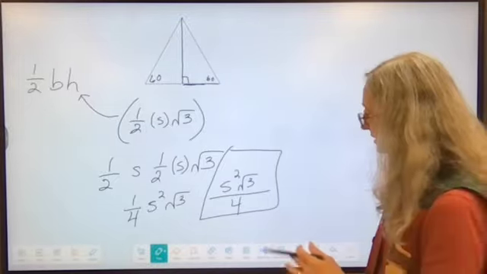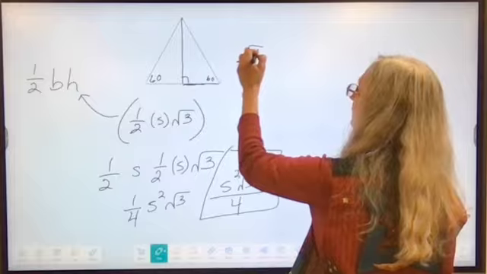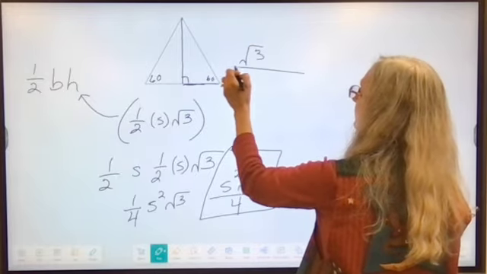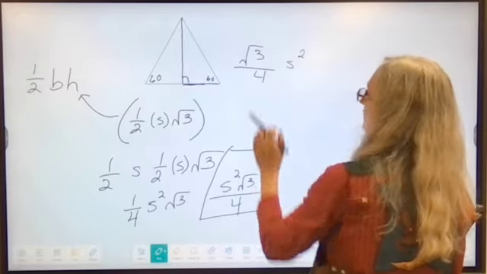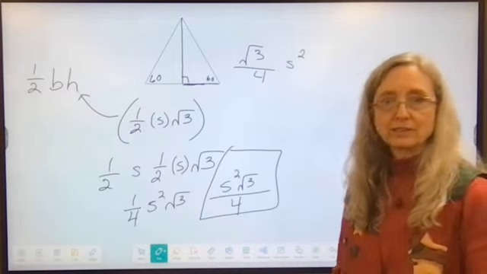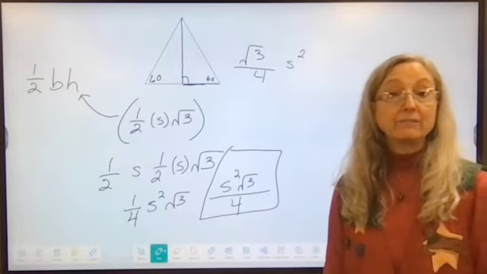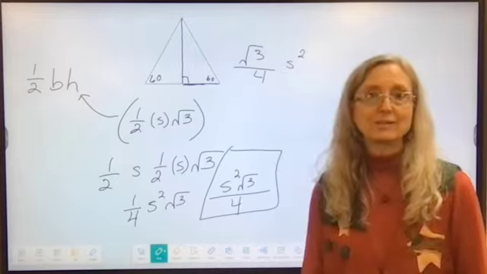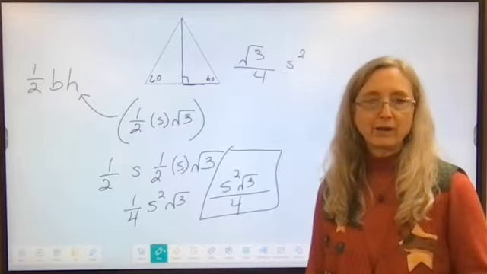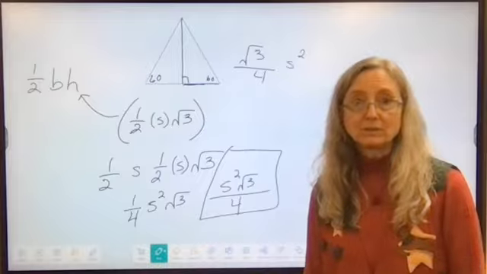Your book lists the formula as the square root of 3 over 4 times the side squared. That also works. Doesn't matter how you arrange it, it's all the same. And if you want to put that formula, either way, in your notes and use that, by all means do.